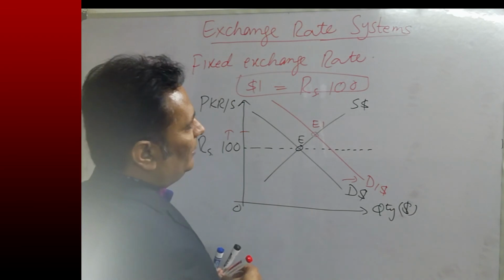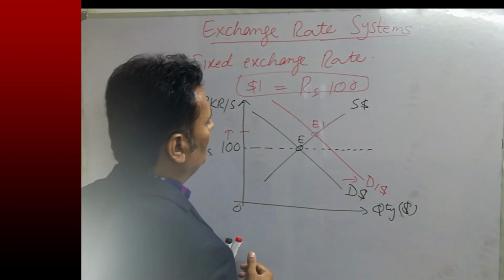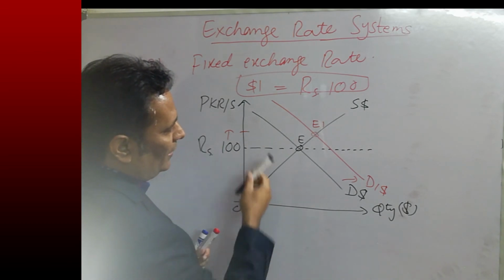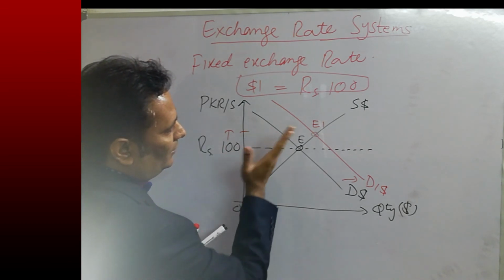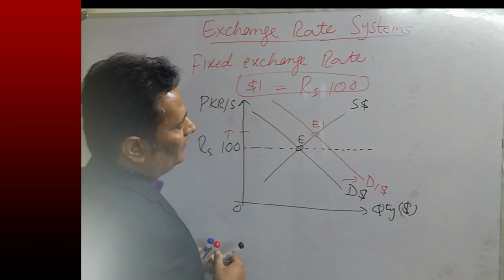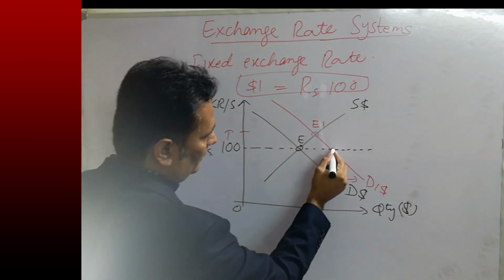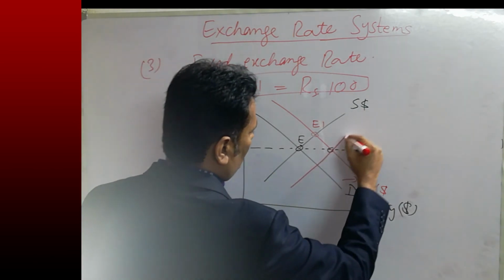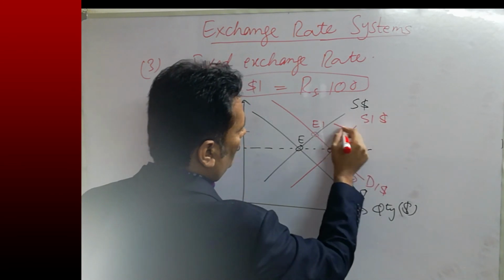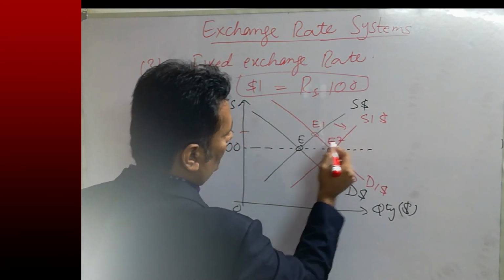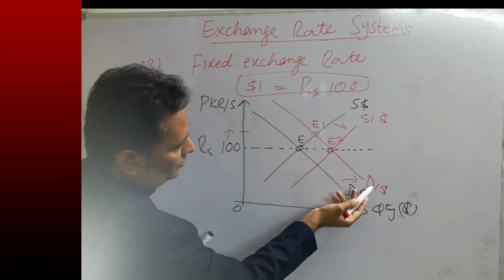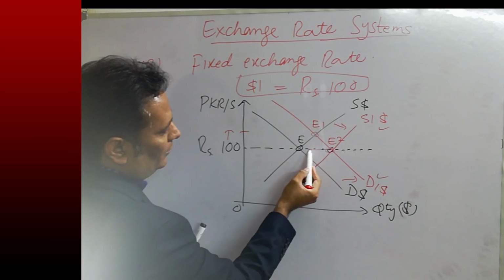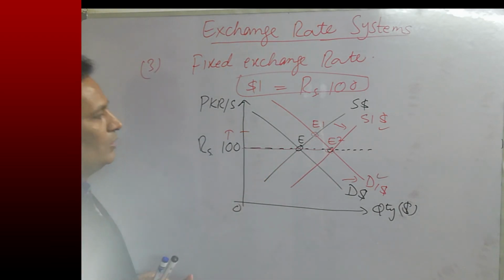So government as central bank has basically promised that exchange rate will not go beyond this limit. Then central bank will have to use the foreign currency reserves and increase supply of dollars from foreign currency reserves, and supply of dollar will shift to the right, and as a result new supply curve will be this S1 and new equilibrium will take place at E2, and again you can see that new demand curve D1 and new supply curve S1 intersect each other at this point, and again we can see that exchange rate is $100.